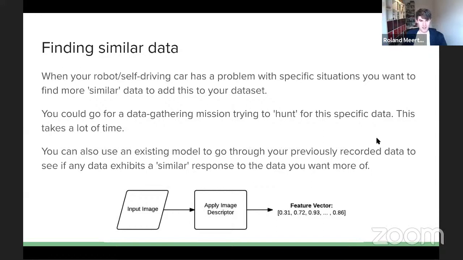Normally if you have a problem, you can go on a data gathering mission to hunt for this specific kind of data, but this takes a lot of time. So if you could use an existing model to go through your previously recorded data to find similar data, that would be great. The idea is that if you have an image as input, you can create an image descriptor.